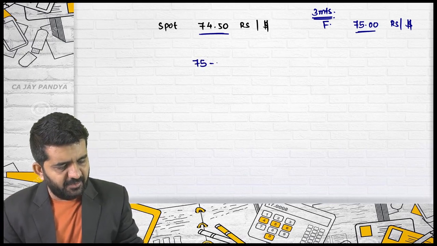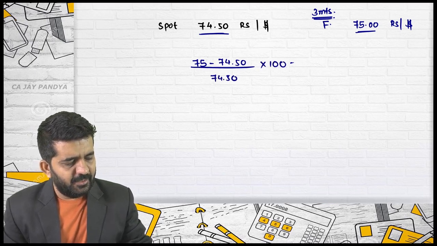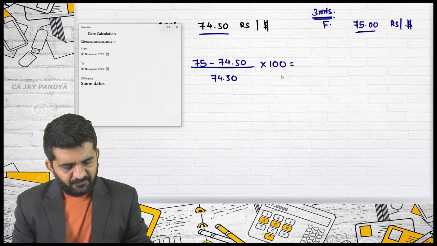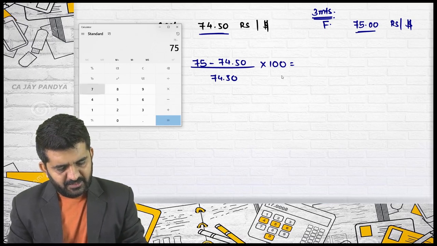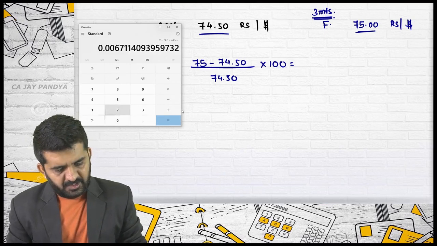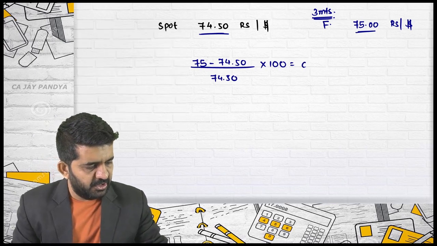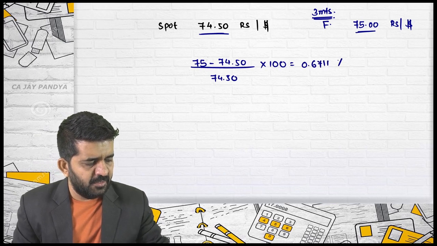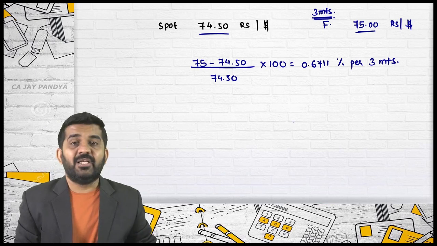It is 75 minus 74.50 divided by 74.50 multiplied by 100. It is 0.6711 percentage per 3 months.